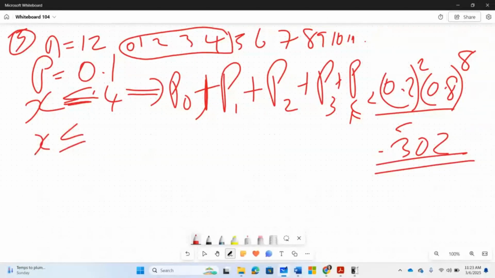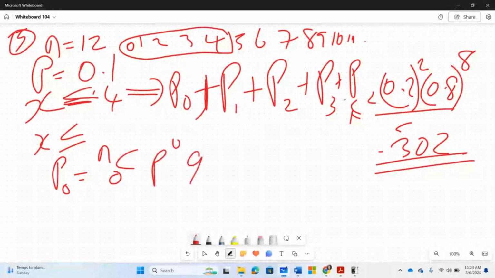We can do it individually. We can say P0. We find P0, and P0 stands in as n combination 0, success to power 0, failure to power n minus 0.